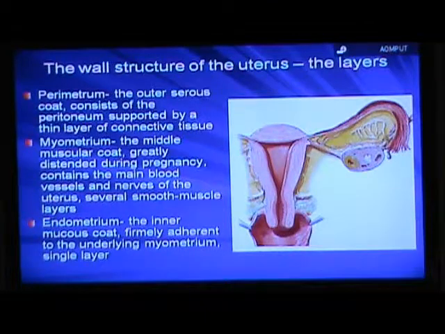It contains the main blood vessels and nerves of the uterus, several smooth muscle layers. So look, the several smooth muscle layers. And the endometrium is an inner mucous coat, firmly adherent to the underlying myometrium. It's a single layer.